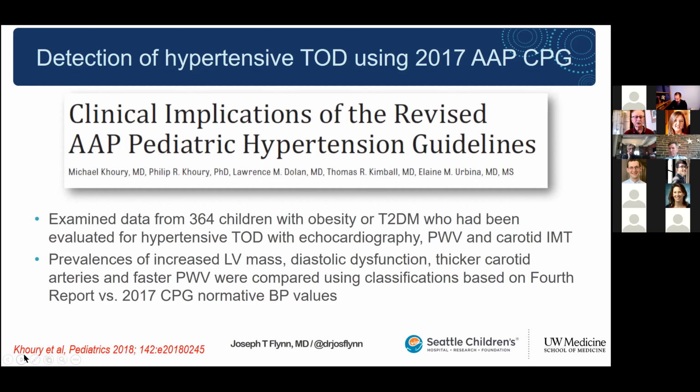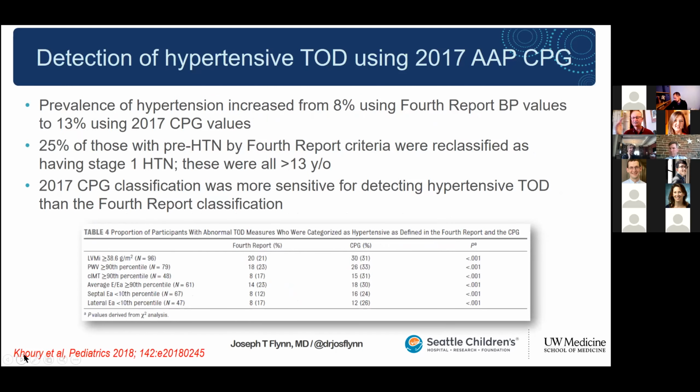And I'm sure you won't be surprised that they found that more children were classified as hypertensive, like the prior study showed. They showed that many of those who had prehypertension were reclassified as stage 1 hypertension, and that the CPG classification was much more sensitive for detecting hypertensive target organ damage than the fourth report classification.